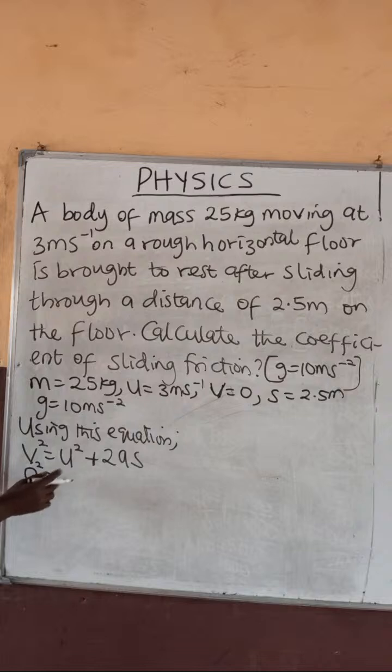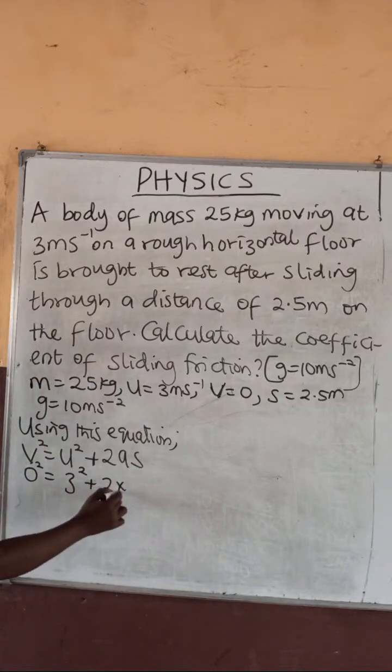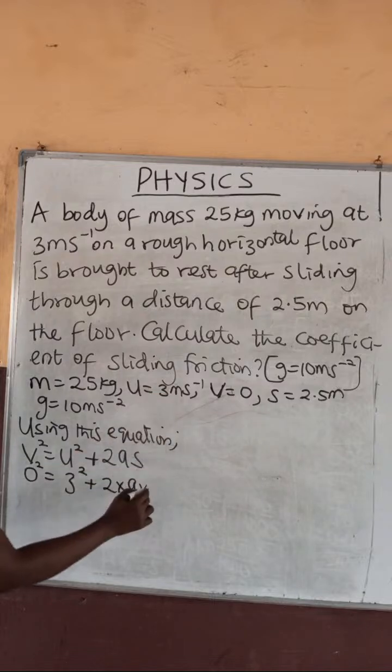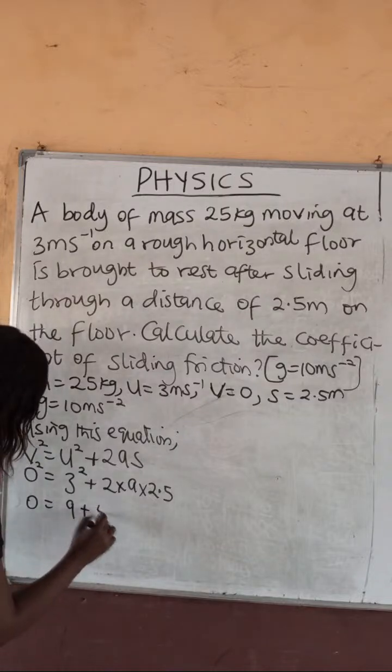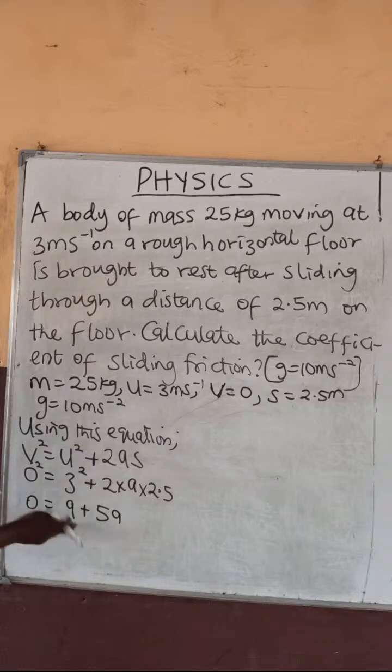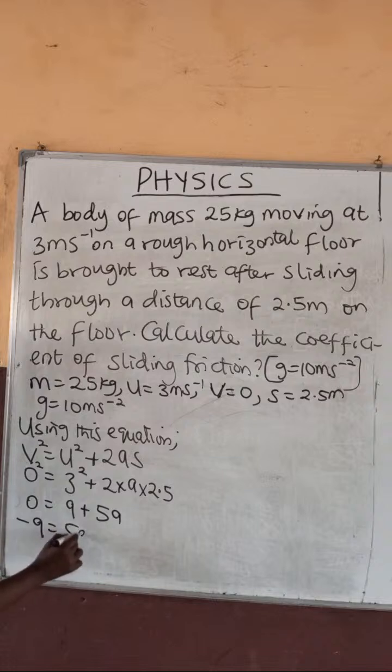So 0 squared is equal to my initial velocity, 3 squared, plus 2 times a times my distance, 2.5. 0 squared is 0, equal to 9 plus 2.5 times 2, which gives us 5, so 5a. I carry this to the other side to have minus 9 is equal to 5a.